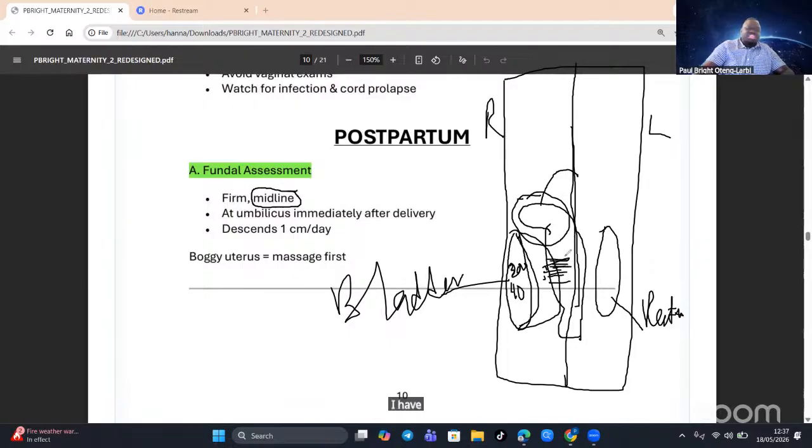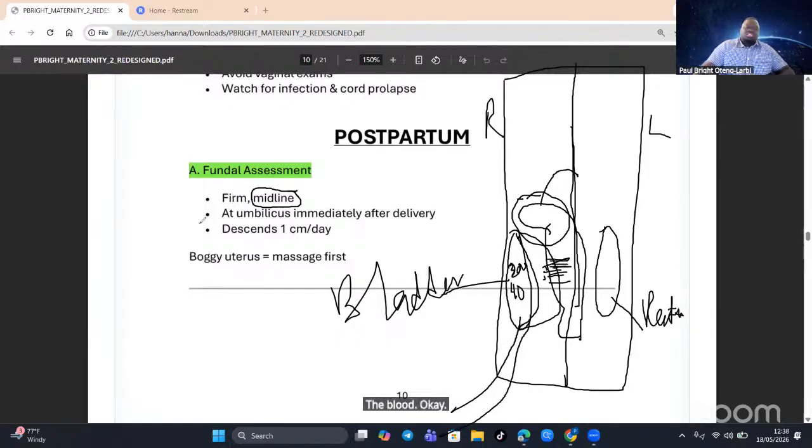I have to first relieve the pressure on the body here. How do I relieve the pressure? I have to make sure the size of this bladder comes back to normal instead of becoming big. I have to empty the bladder.